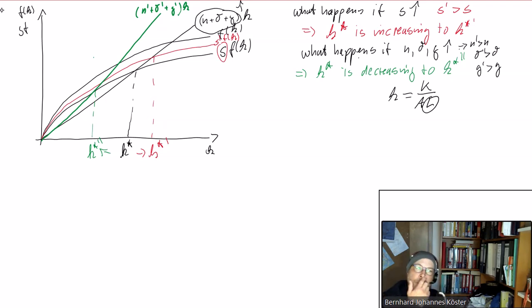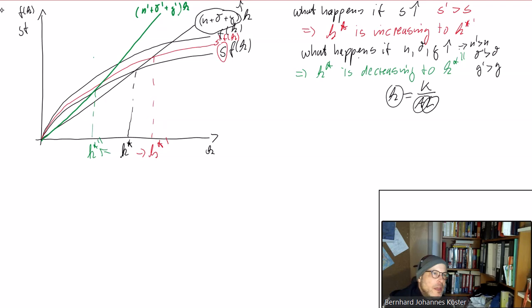So if population growth is larger, then we have a larger population. And this means, of course, that the relative number, capital per effective labor, is going down. The same here if A is increasing. So this is not very surprising.